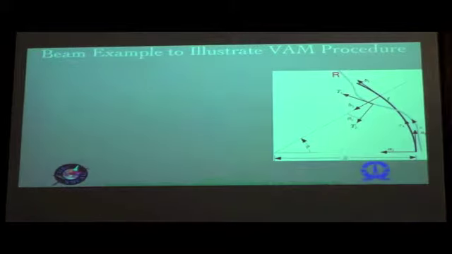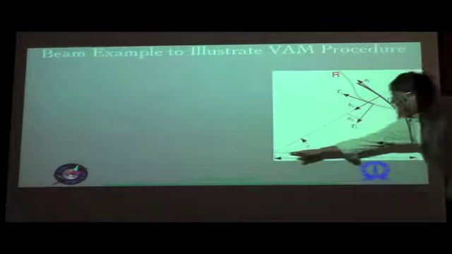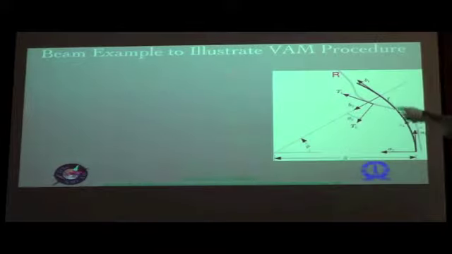Okay, so this is what I was talking about. The dark portion that you see over here is the initial configuration of the reference curve of the beam. That's written with a small r, and it has an initial radius of curvature r.